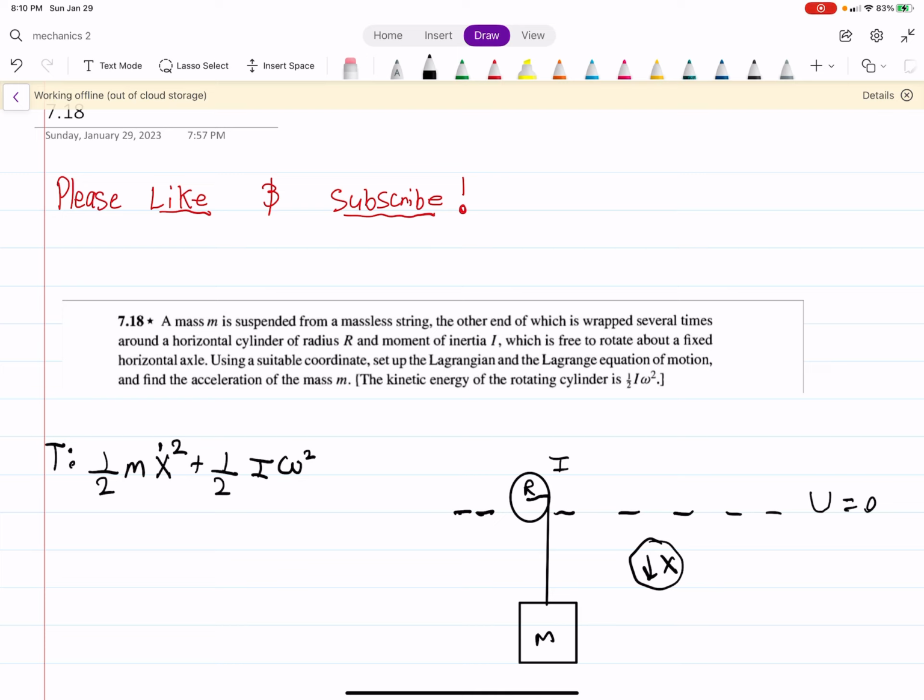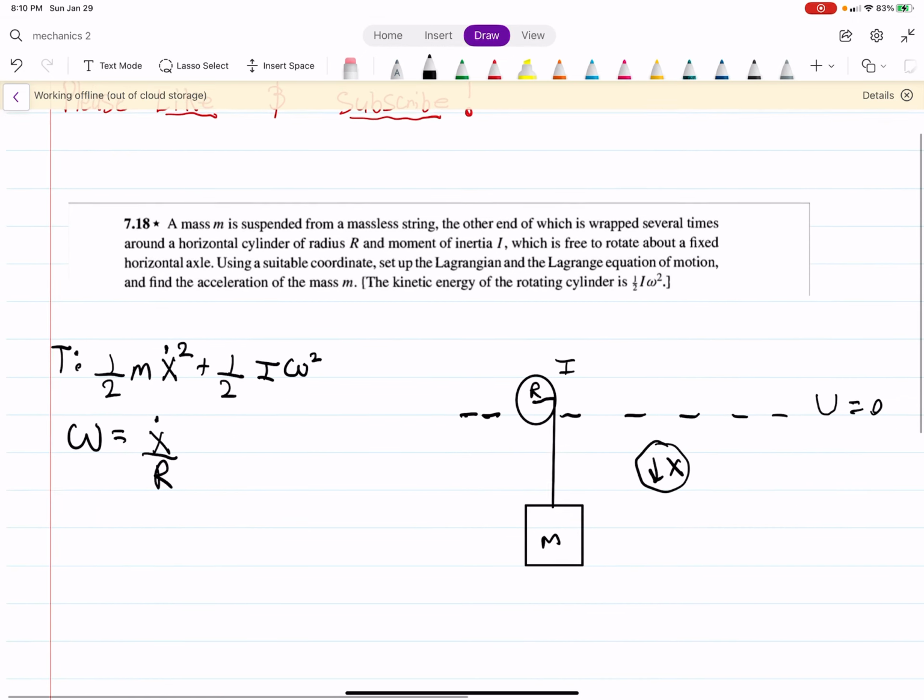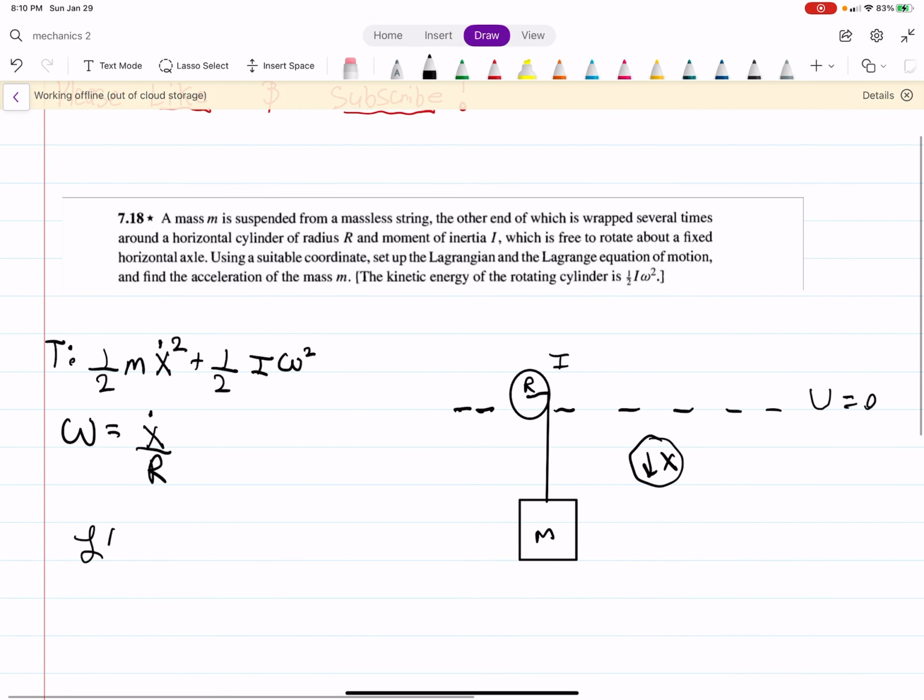And the trick to these, whenever you have moment of inertia problems, is to remember that omega is equal to x dot over r. The reason why we're doing that is because our Lagrangian should be a function of our generalized coordinate, in this case x, and our generalized velocity, so x dot. So we want everything in terms of x and x dot. So that's why we're doing that.